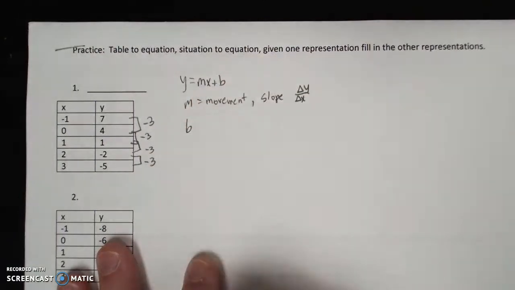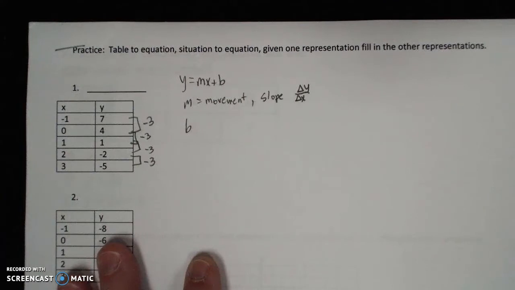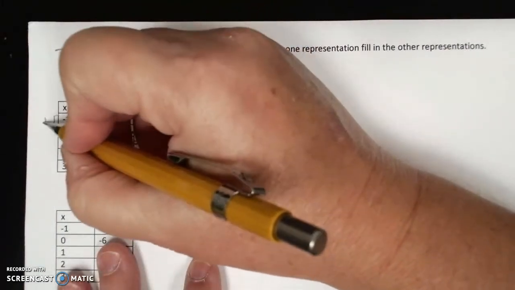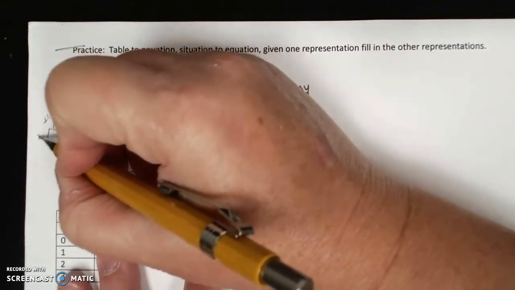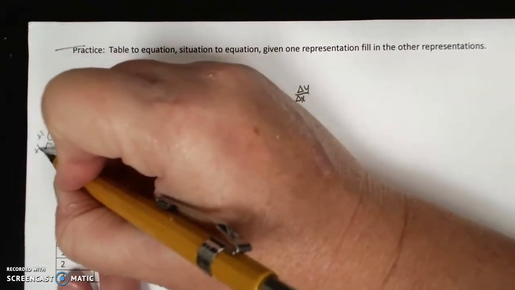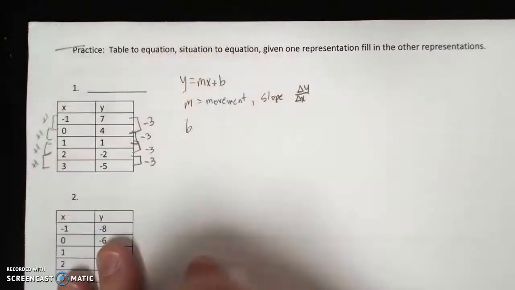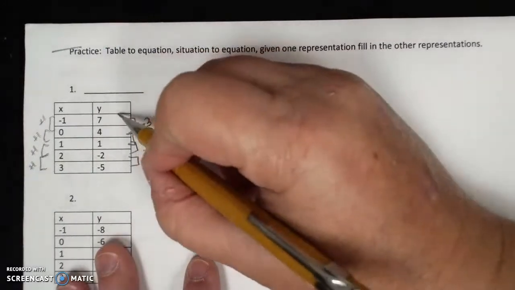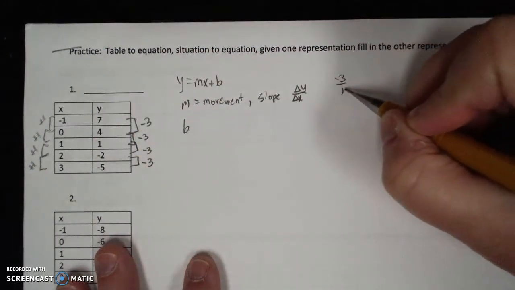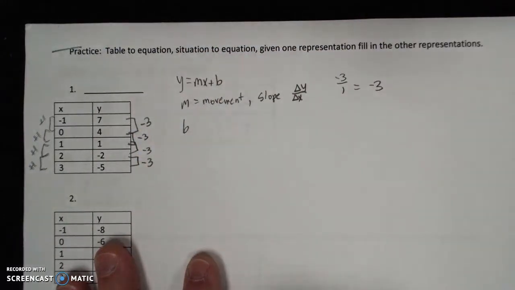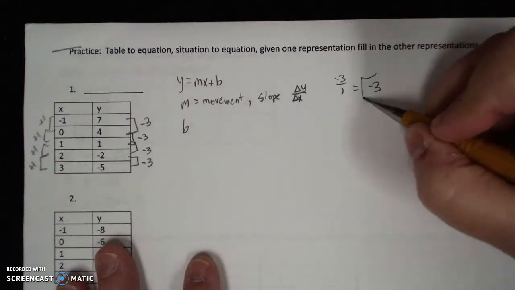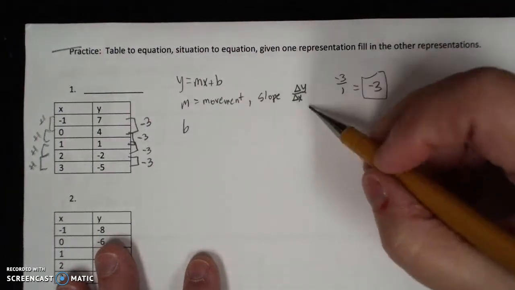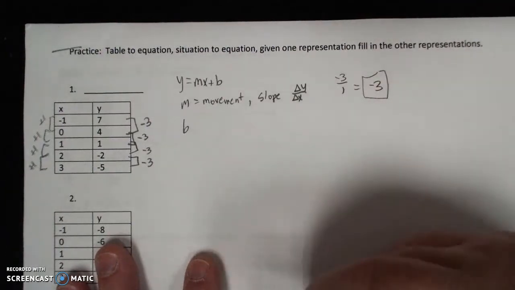And from negative 2 to negative 5, I subtract 3. Now I can't just do one side, I have to do the other. That's add 1, add 1, add 1, and add 1. Then the next thing is it's the change of y, which is negative 3 over 1, which is negative 3. So I have found my slope, or my movement, or my change of y over my change of x, or my constant rate of change.